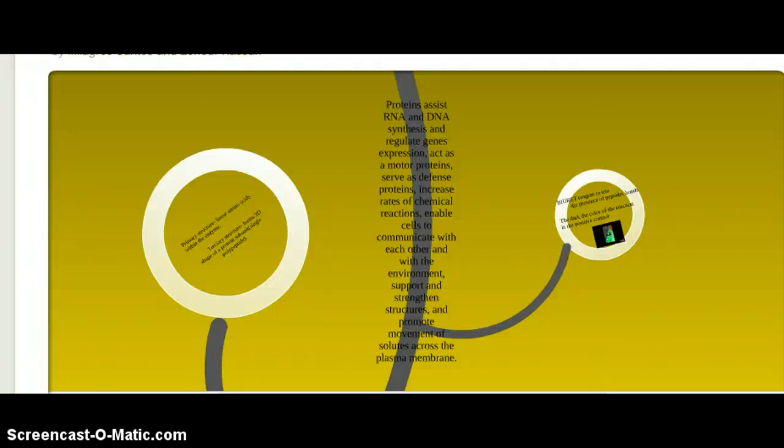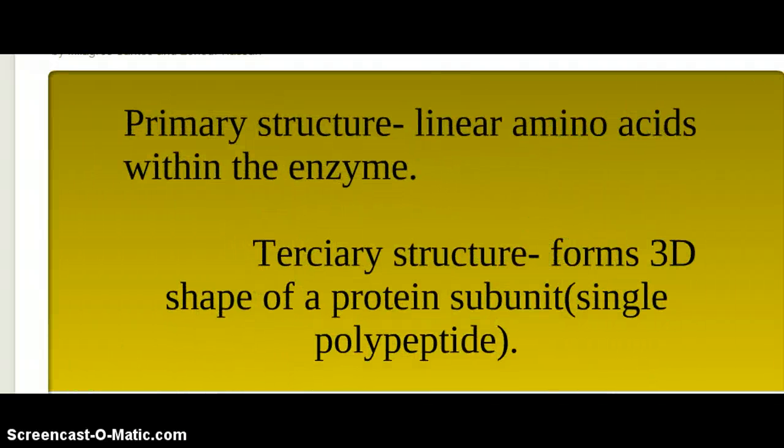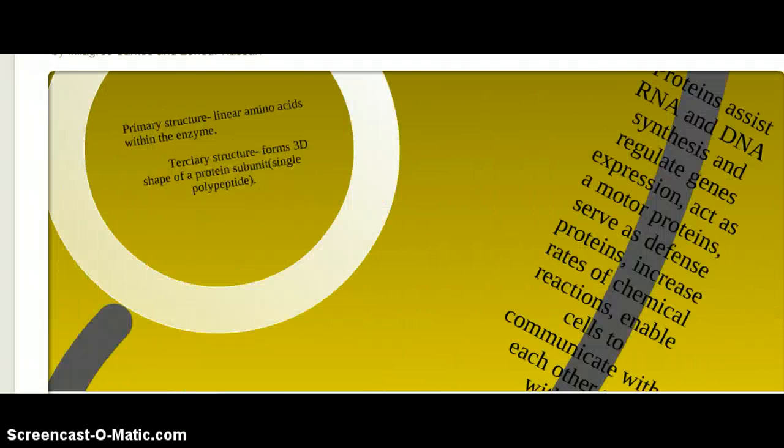They act as motor proteins, serve as defense proteins, increase rates of chemical reactions, and enable our cells to communicate with other cells and with the environment. They also support and strengthen structures and promote the movement of solutes across plasma membranes. There are three structures of proteins: primary structure, secondary structure, and tertiary structure.